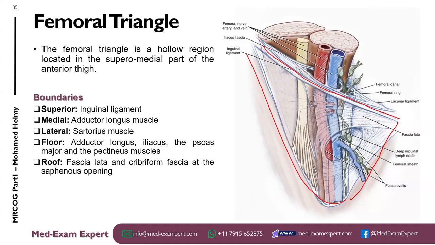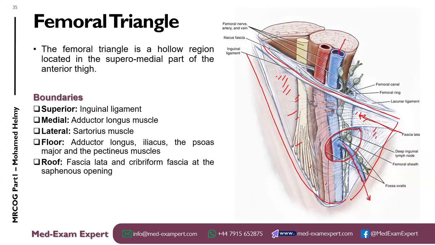But the roof of the triangle, this is the roof of the triangle. You can see here, we have the fascia lata, which is marked here, shadowed by the blue color. There is a defect in the fascia lata here, transmitting the great saphenous vein from the femoral vein.